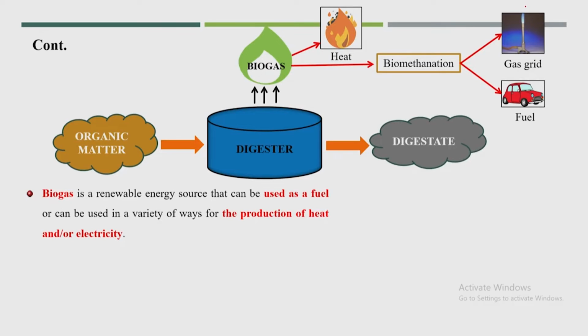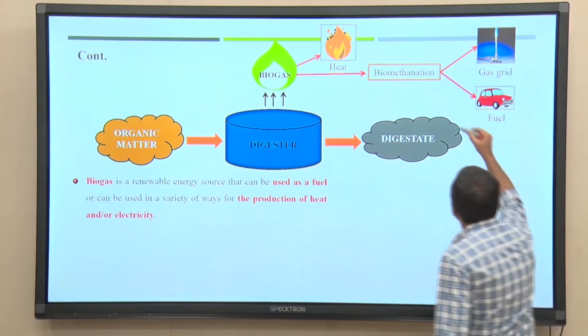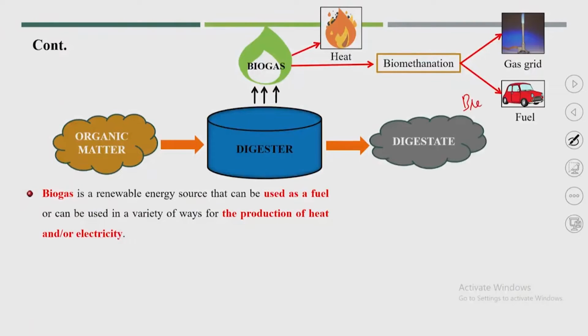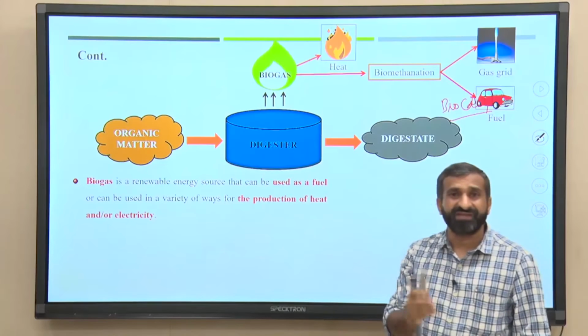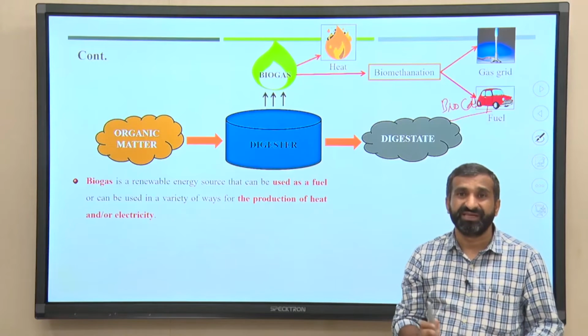If we are getting 95% methane, we can call it bio-CNG. Normally the CNG that is available contains 95 to 98% methane, but that is chemically produced methane.